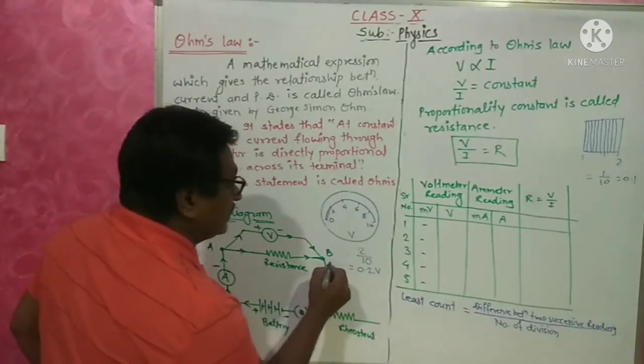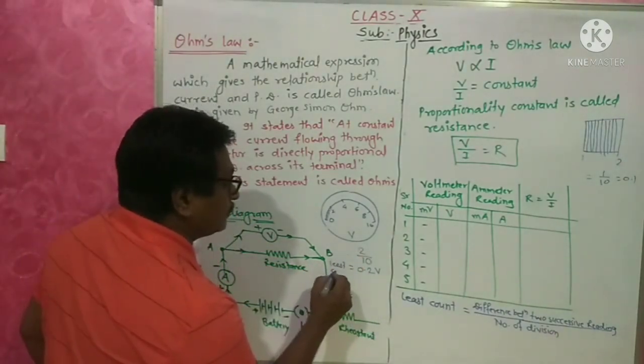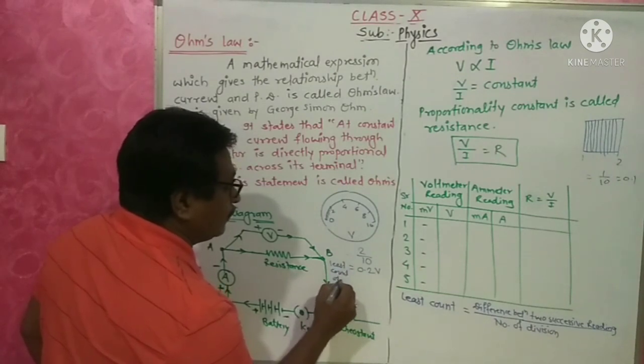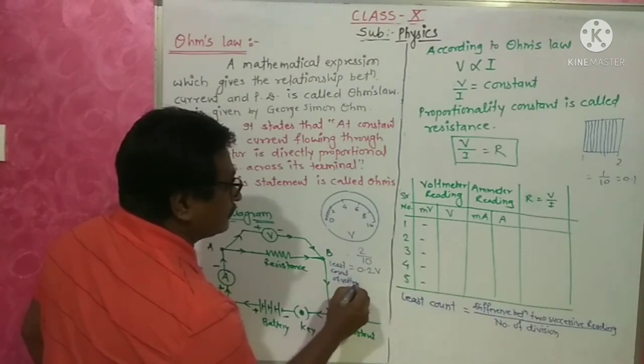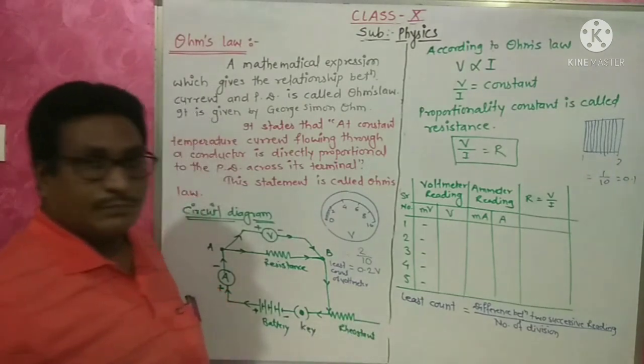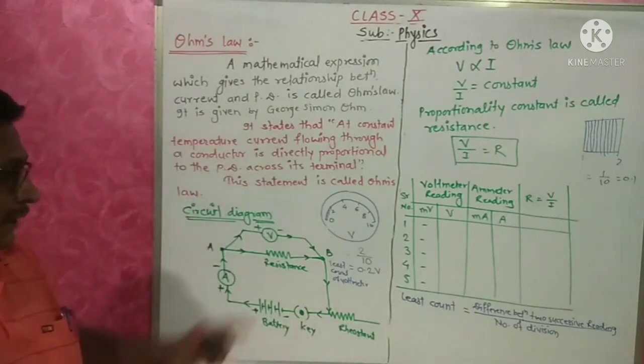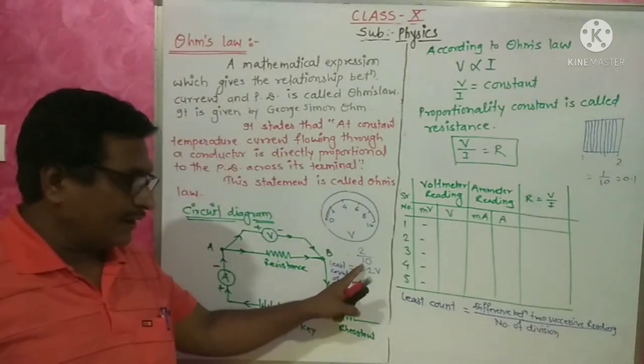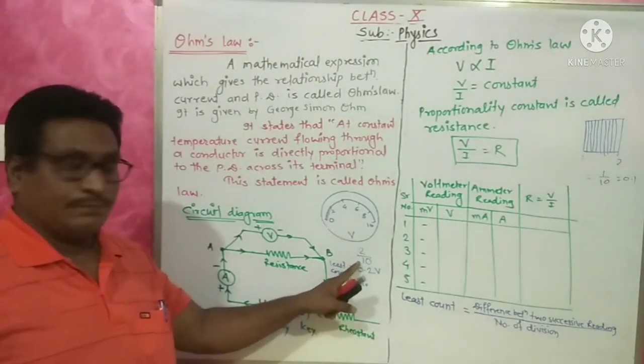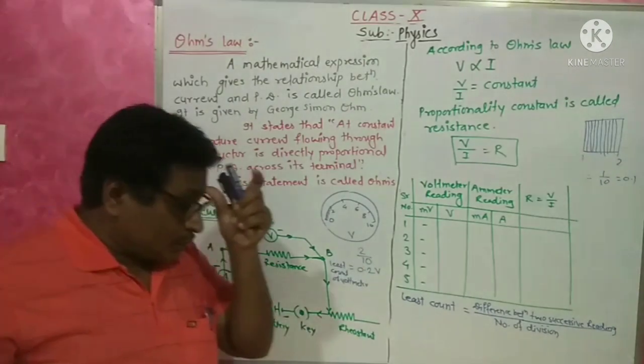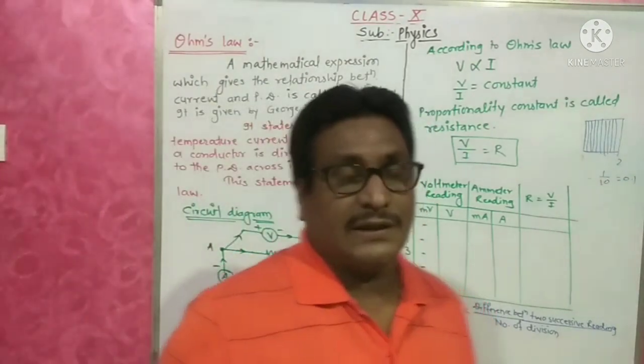So this is the least count of voltmeter. In this way, if 5 lines are there, we take 5. Understood? So in this way we have to find the least count.